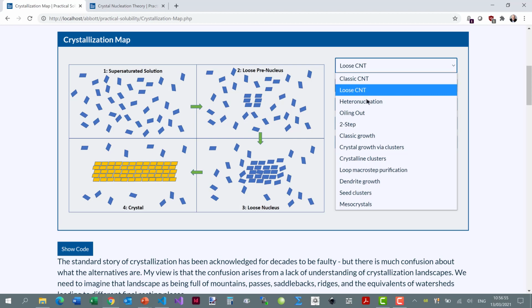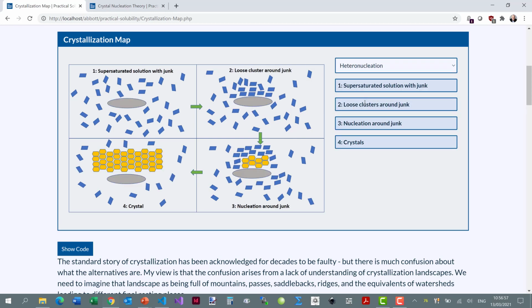Now let's see what happens in real life. What we have in real life is heteronucleation. We have a supersaturated solution that has some junk in. And what happens is that the loose clusters like to associate with the junk. Why would they not? And you can then start getting nucleation around the junk, and then that starts to crystallize.